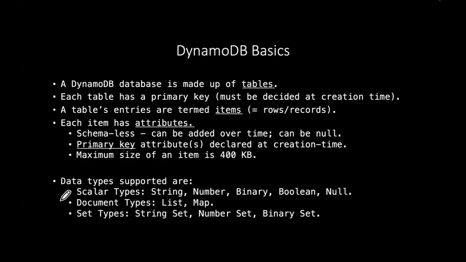DynamoDB has its own native data types, which I'm listing here. And they're kind of similar to, but at the same time, they're not identical to the data types that you might use natively within, let's say, TypeScript or JavaScript or Python. But they're close enough. But they are slightly different.